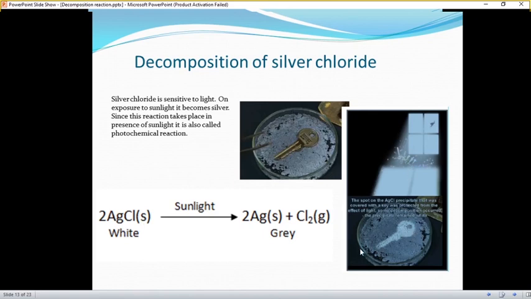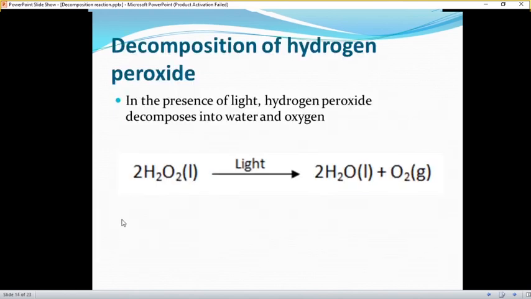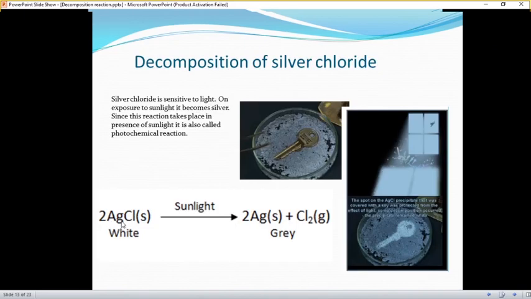Every other part is exposed to sunlight and thus has turned gray. Now you must remember these two things, that AgCl, that is silver chloride, is white in color and silver on the other hand is gray in color.